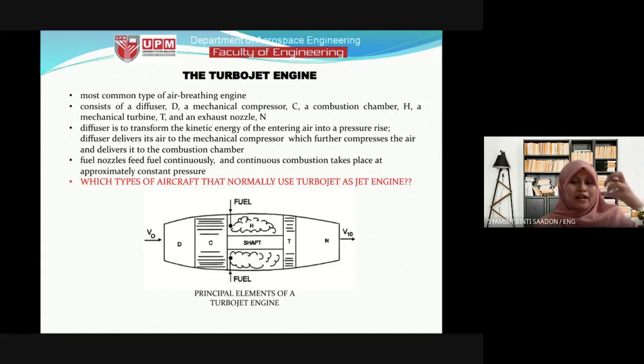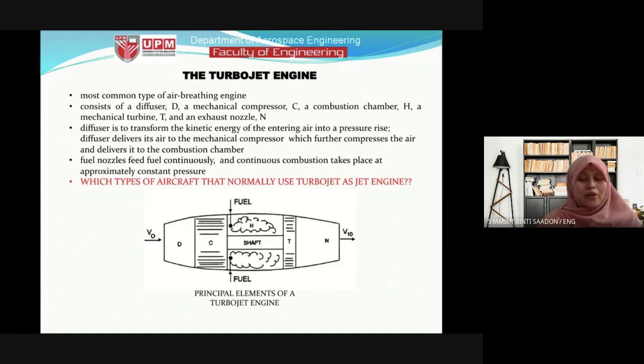The high speed air at the intake suddenly stops adiabatically and converts the kinetic energy into pressure energy. The diffuser delivers the air to the mechanical compressor, which compresses it further, the pressure increases again, and it is delivered to the combustion chamber.